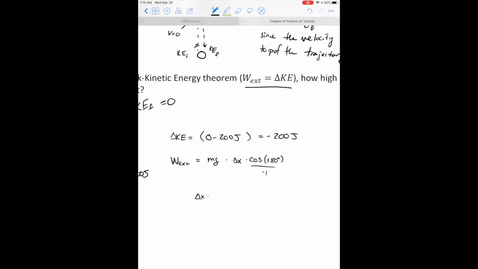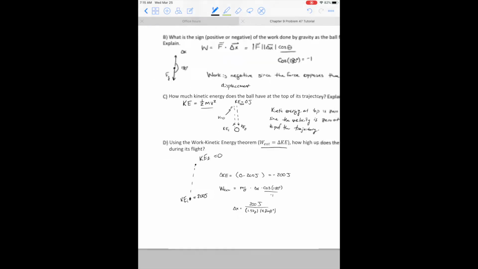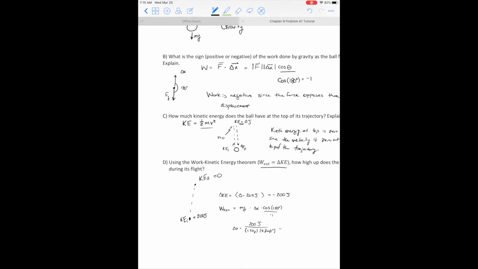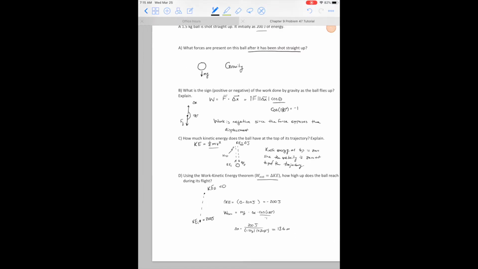And I have delta x then equals 200 joules divided by mg, 1.5 kilograms times 9.8 meters per second squared. When I calculate that out, I get a number of 13.6 meters into the air.